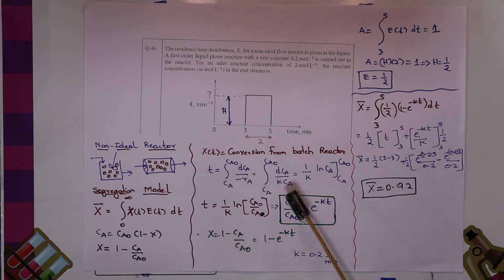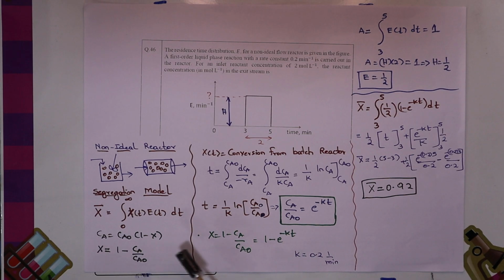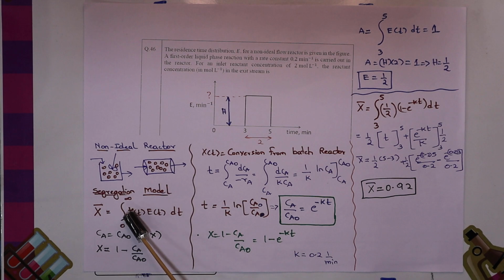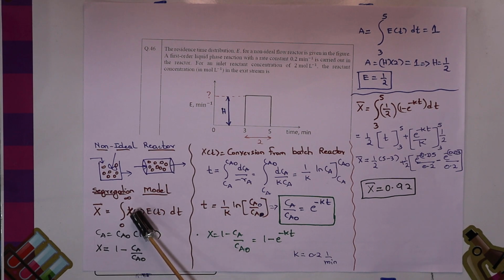So from this I can find that t equals 1 by K into ln Ca0 by Ca. Therefore Ca by Ca0 is nothing but e power minus kt. Therefore X, which is 1 minus Ca by Ca0, is 1 minus e power minus kt. That means I have got the conversion in every batch reactor as 1 minus e power minus kt.